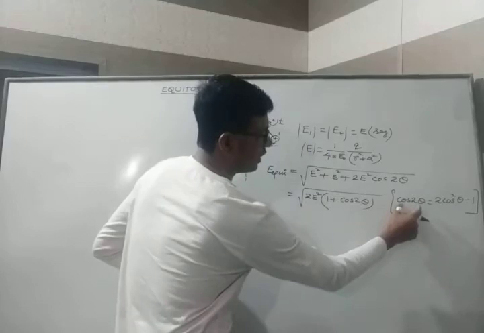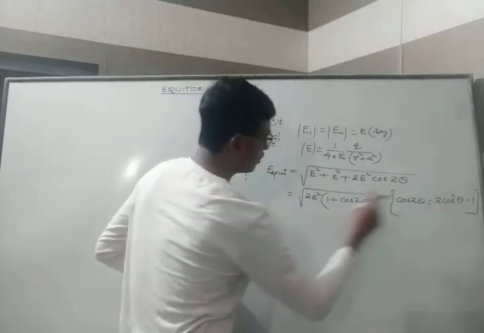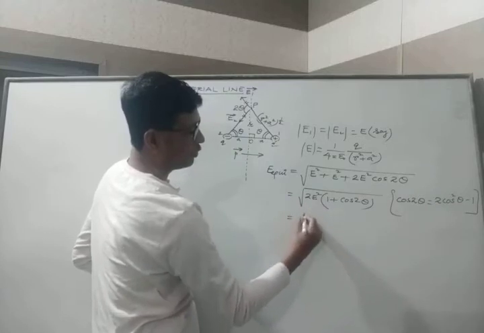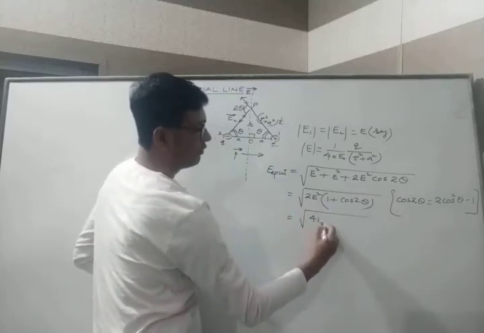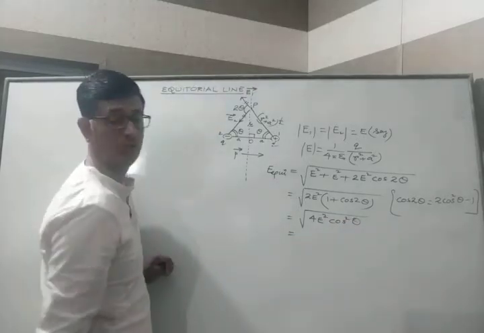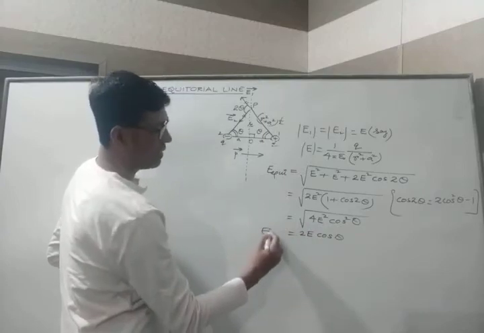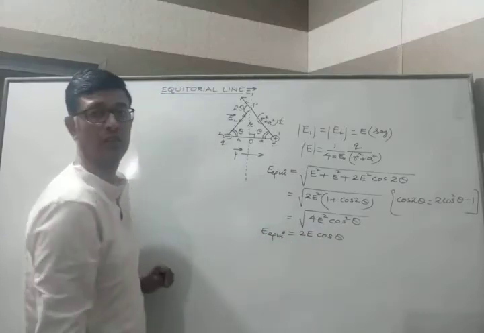So if we substitute this value of cos 2 theta over here, minus 1 plus 1 will get cancelled. 2 cos square theta multiplied by 2E square will leave us with 4E square cos square theta, which in turn would give us 2E cos theta. So that's its magnitude, E equatorial.